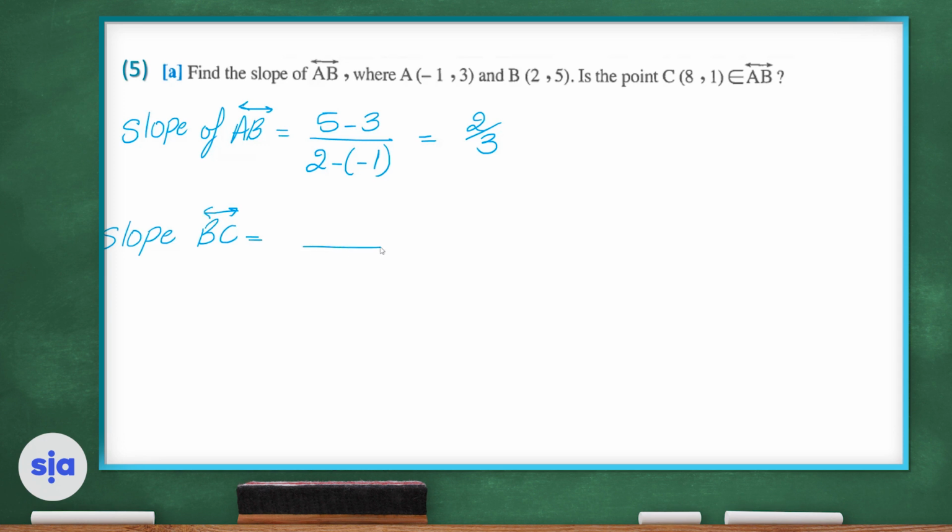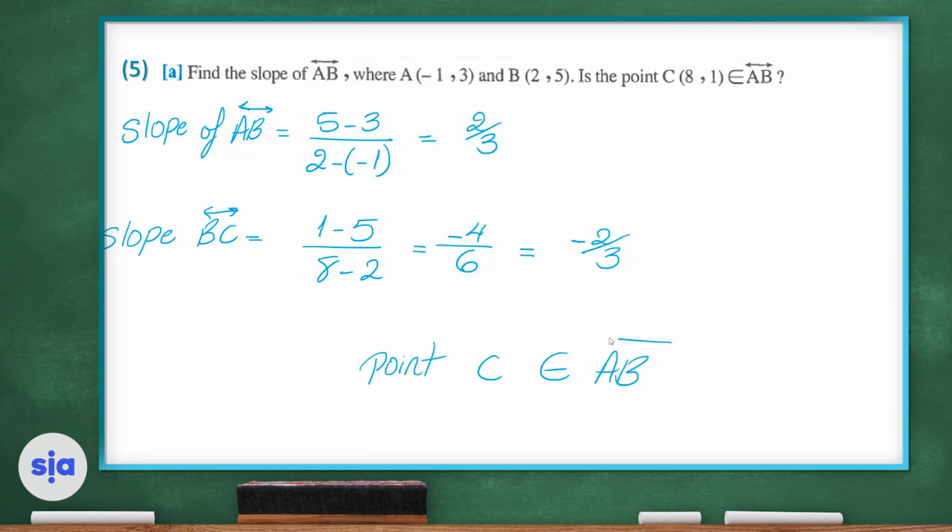So the slope of BC is 1 minus 5 over 8 minus 2, which is equal to negative 4 over 6. If we simplify it, it would be negative 2 over 3. As long as these two lines don't have the same slope, then point C does not belong to AB. So the slope of BC is negative 2 over 3. This means that line AB and line BC are two intersecting lines. So point C does not belong to line AB.